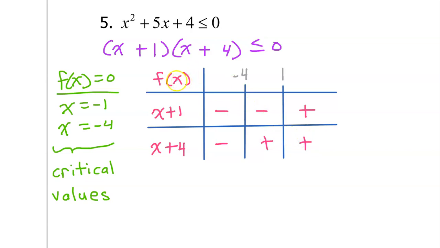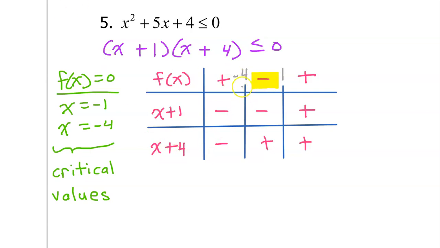The overall sign of f of x will be positive in the first interval because this is a negative times a negative. In the middle interval, f of x has a negative sign because this is a negative times a positive. And of course, in the last interval, f of x will be positive because we have a positive times a positive. Because we are looking for values of x that cause the function to be less than or equal to 0, the solutions will be in the interval where f of x is negative.